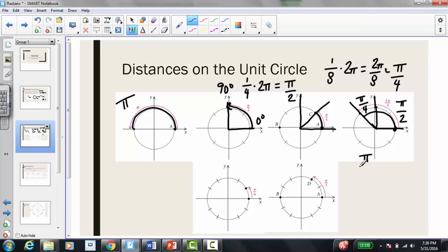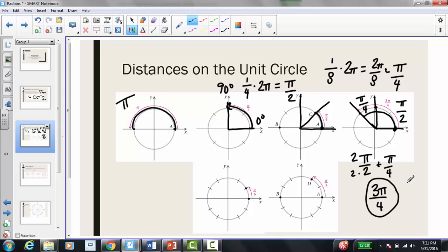I would then have pi over 2 plus pi over 4, get a common denominator, and I would have 3 pi over 4. So when I have traveled 3/8 of the distance around my unit circle, I have traveled a distance of 3 pi over 4.